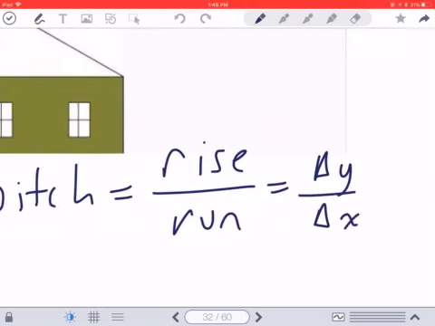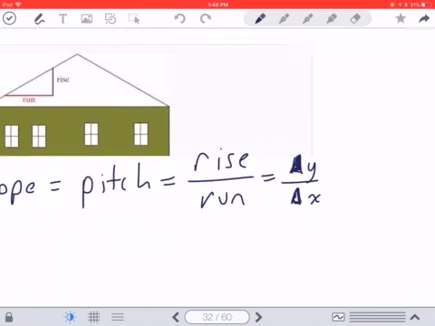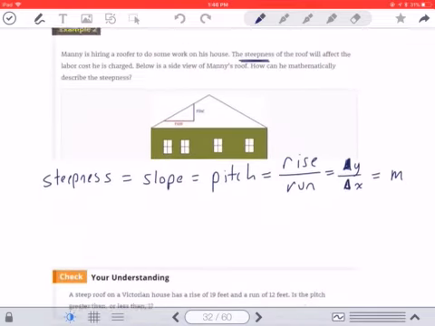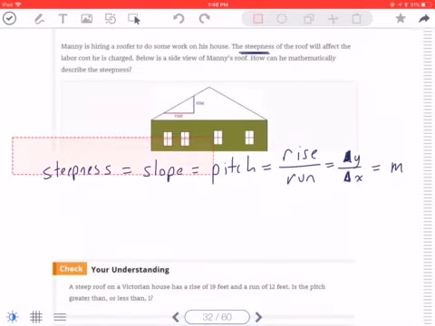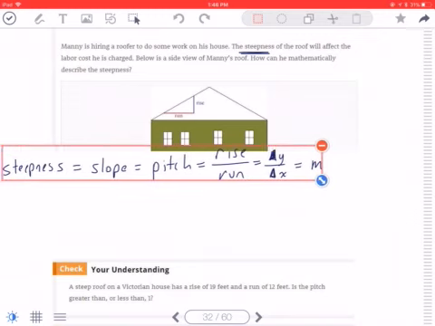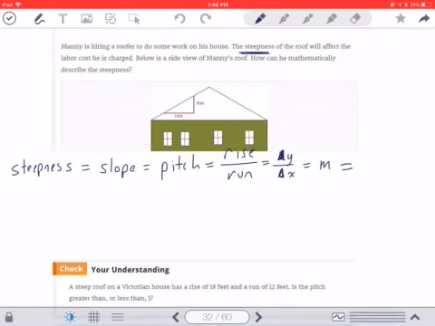This little triangle is the Greek symbol delta, which means change. It is the same as the variable m in slope, which is also the same as the formula we're going to use: y2 minus y1 over x2 minus x1. All of these mean the same thing.